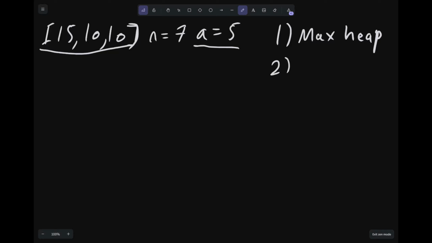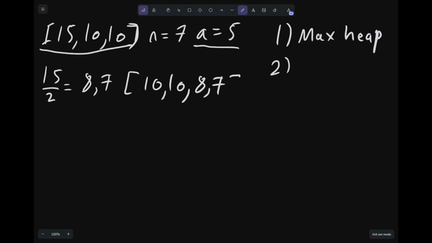So if we divided 15 by 2, and I just want to put this back into whole integers, it's going to be 8 and 7, because 8 plus 7 is equal to 15. And then if we take a look at our array right here, it's going to be 10, 10, 8, and then 7. That's pretty simple. And the amount of items we have here, our numbers, is 4. So we divided it by 2 and it went up by 1.